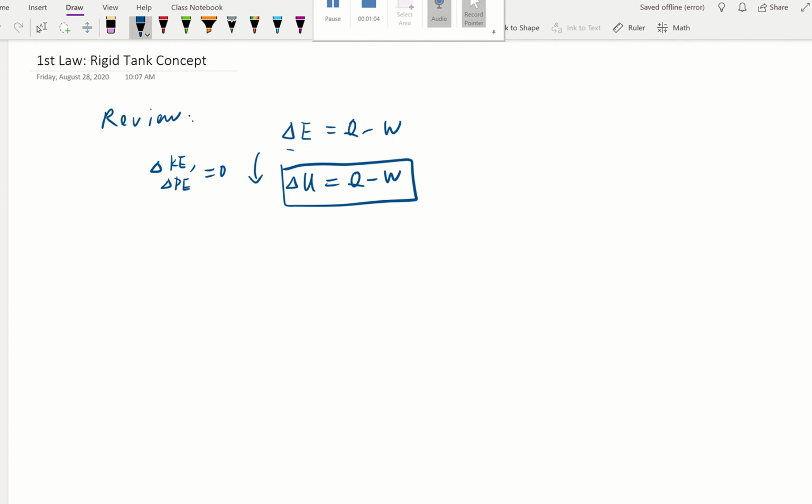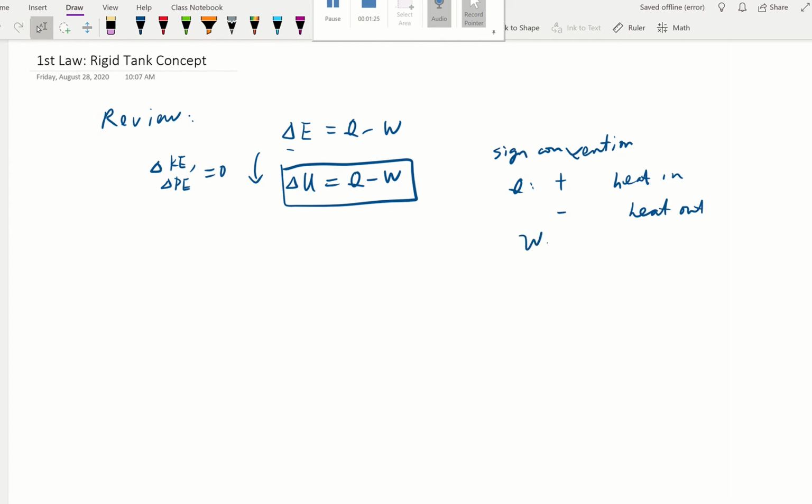So we have this formula, and there's a sign convention. Let's review it. Q is positive if heat is coming into the system, and negative if heat is leaving the system.